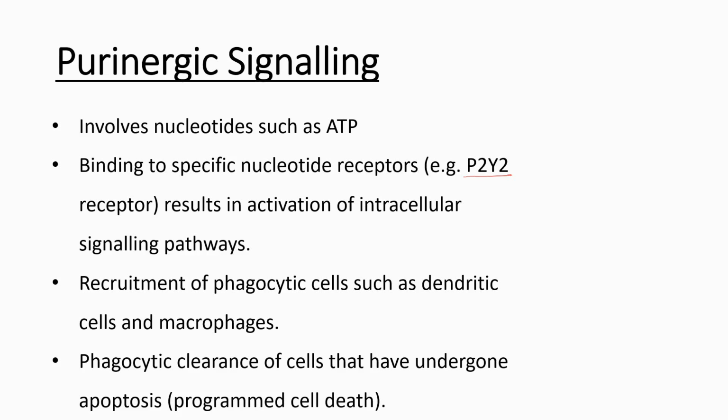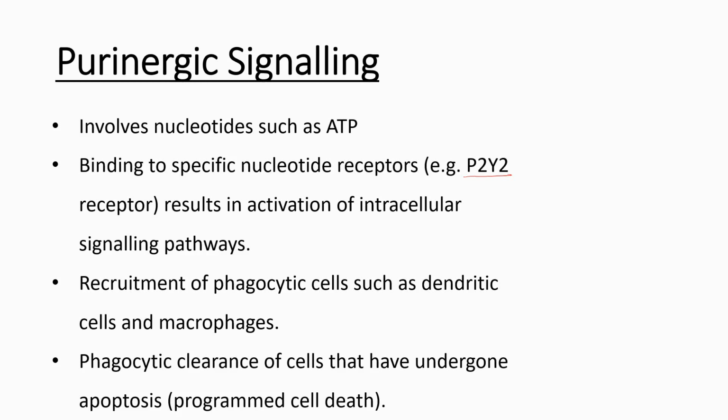For example, in the fetus, when tissue in between the fingers needs to be removed to form the digits, that tissue is removed by apoptosis. Apoptosis means that the cell's structure will disintegrate and the contents of the cell will be released. And if the contents are released into the surrounding tissue, it can cause inflammation and it can cause harm to the tissues.